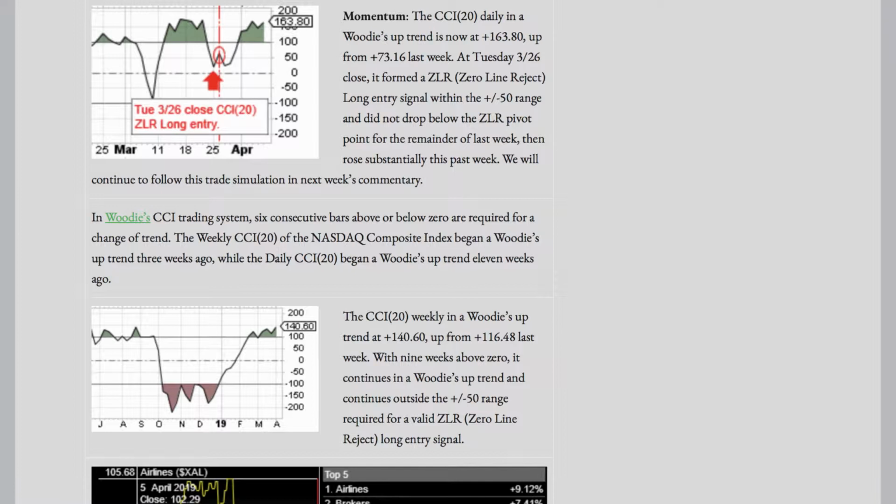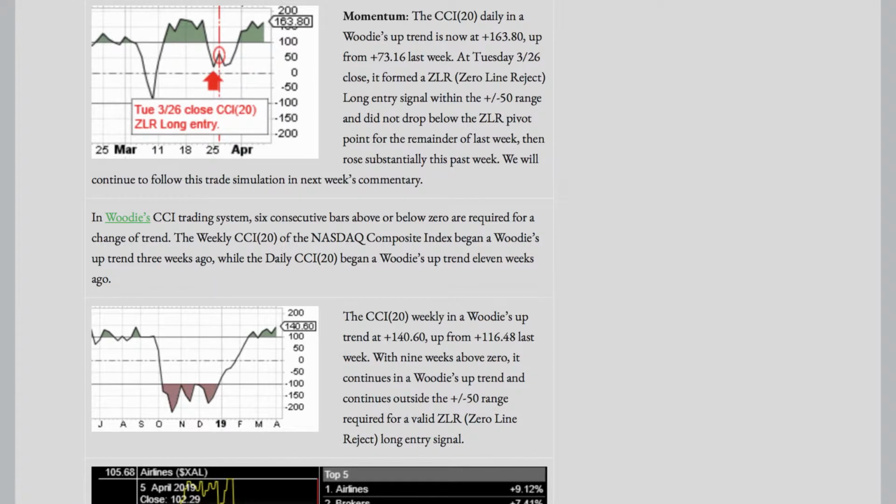In Woody's CCI trading system, 6 consecutive bars above or below zero are required for a change of trend. The weekly CCI 20 of the Nasdaq Composite Index began a Woody's uptrend 3 weeks ago, while the daily CCI 20 began a Woody's uptrend 11 weeks ago.